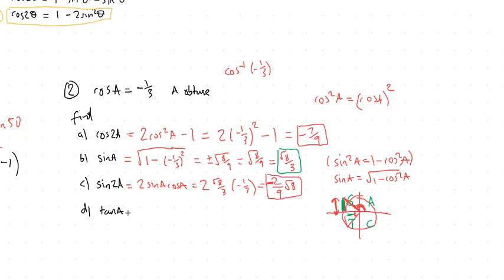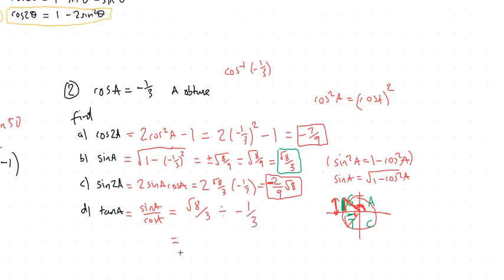Okay, now tan A, if you remember, is sine A over cos A, so we can do that one easily because we already know sine A is root 8 over 3. Divide it by cos A, which we know is minus 1 over 3.